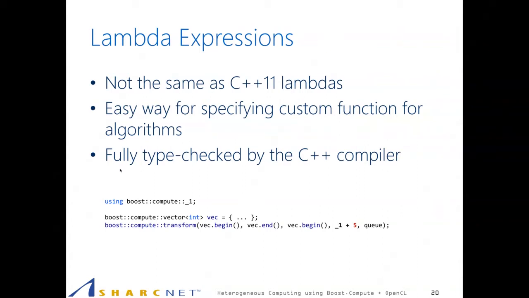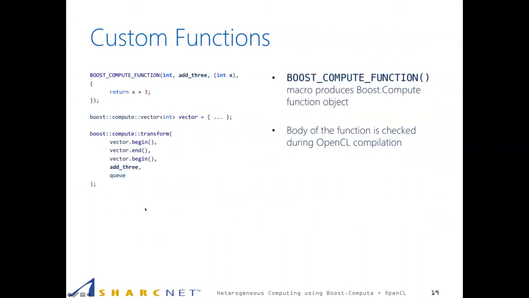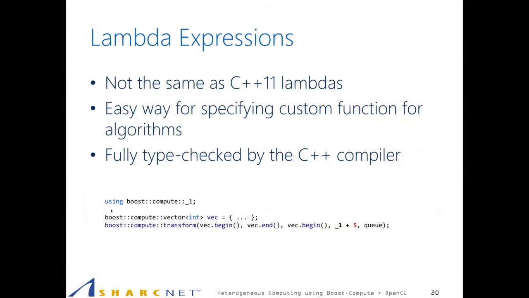It is also possible, rather than using the Boost.Compute function, to use lambda expressions. But as I said, these are not the same as C++11 lambdas. The format is different, but it's an easy way of specifying custom functions, and is fully type checked by the C++ compiler. This one is actually a placeholder.